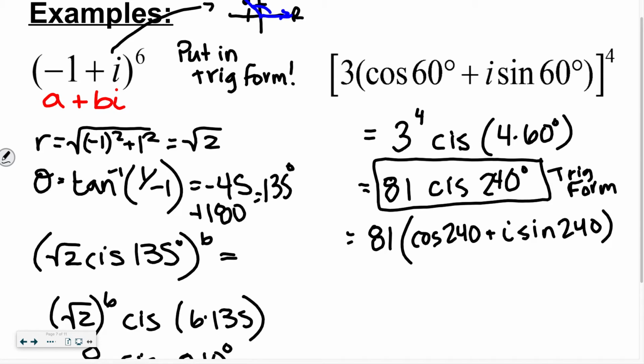And then, oh, 240, that's one of the angles on my unit circle. Its ordered pair is negative 1/2, negative square root 3 over 2. So I can do 81 times negative 1/2 plus i times negative square root 3 over 2.